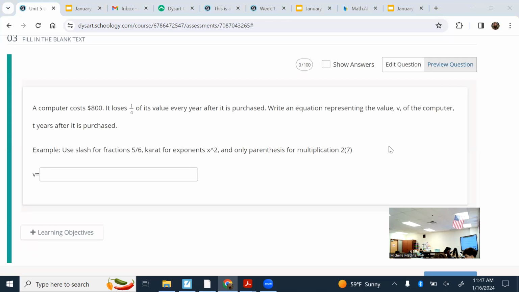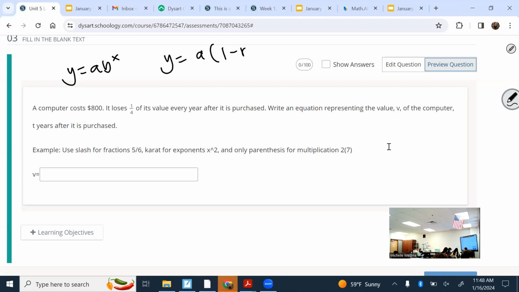The first request is for number 3 on the practice, the one about a computer that costs $800 and loses 1/4 of its value every year after its purchase. We're making an equation representing the value V of the computer T years after its purchase, and it tells you how to enter exponents so that it scores it correctly. So let's use the setup from the 2 equations I said could help you.